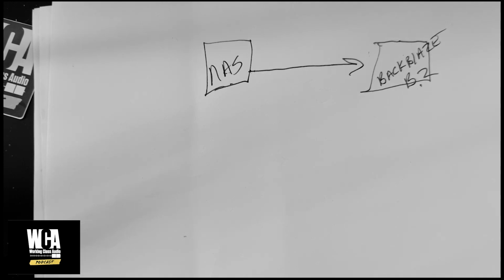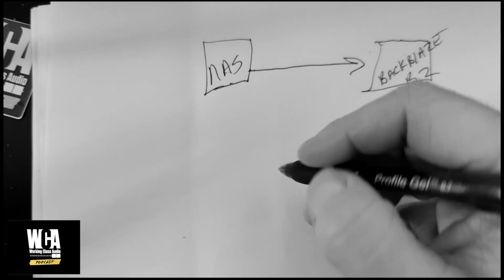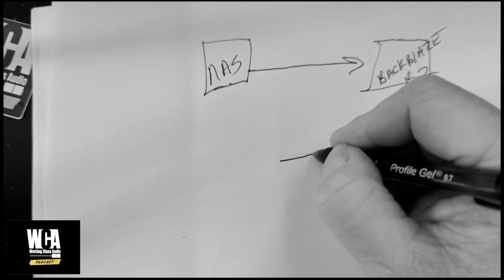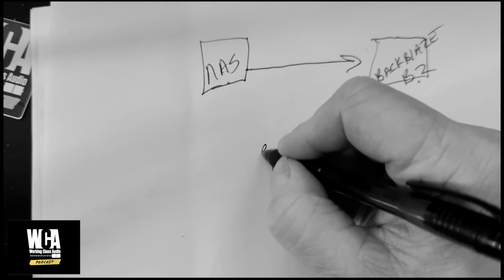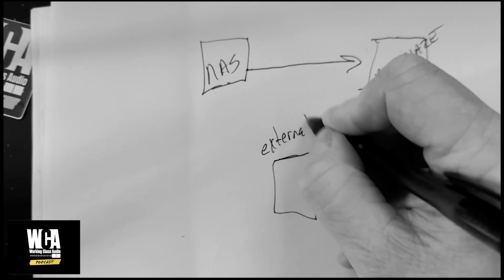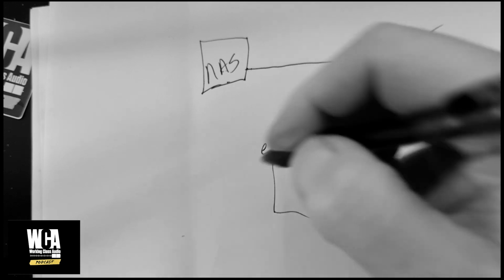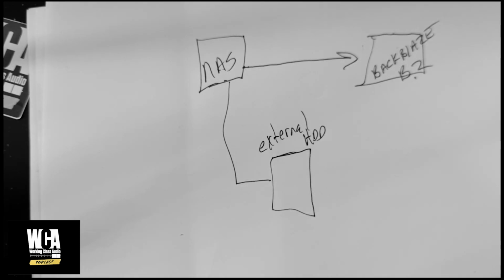And you might say, well, hey, don't we need 3 copies? Well, we do. And as it turns out, I've got an external hard disk drive attached to the NAS.